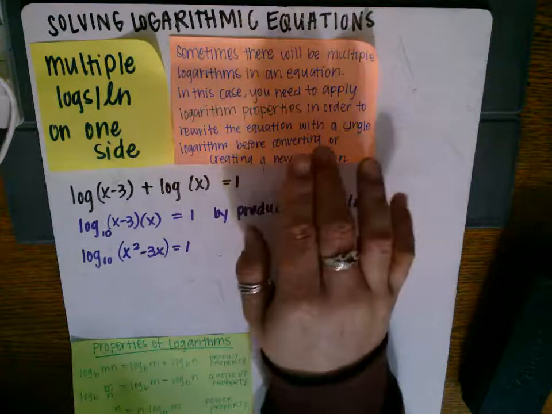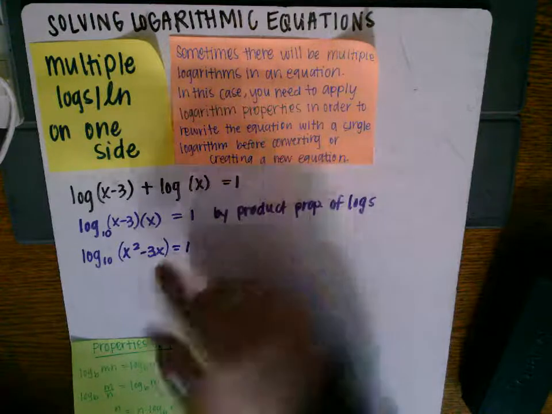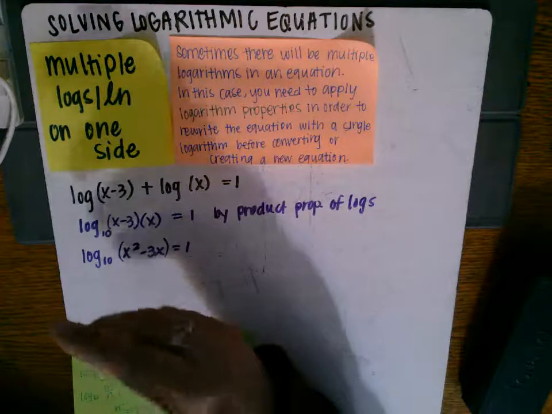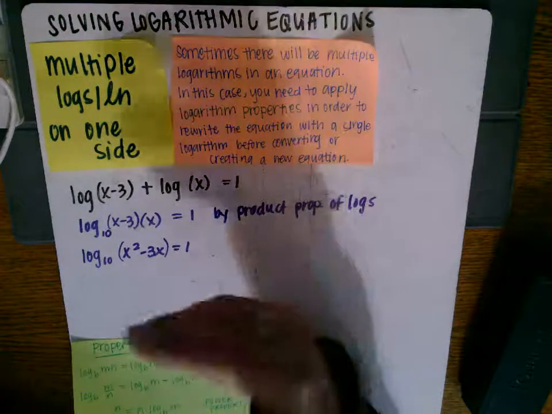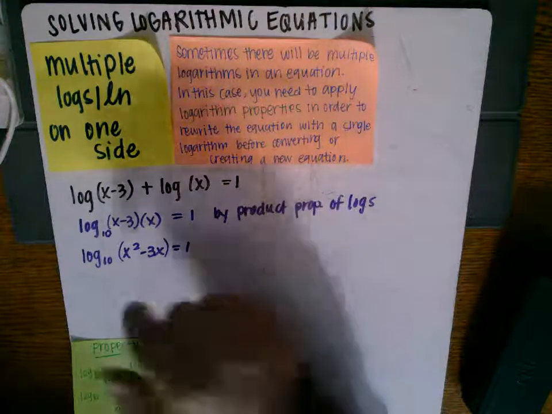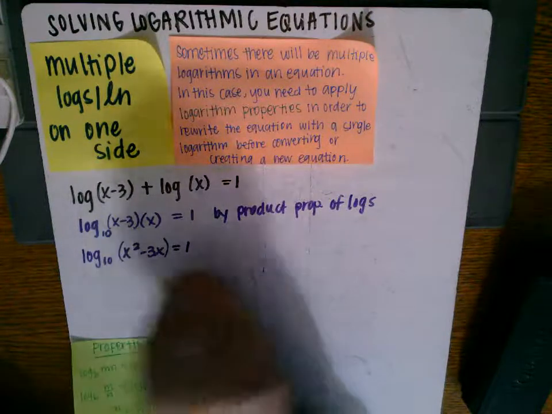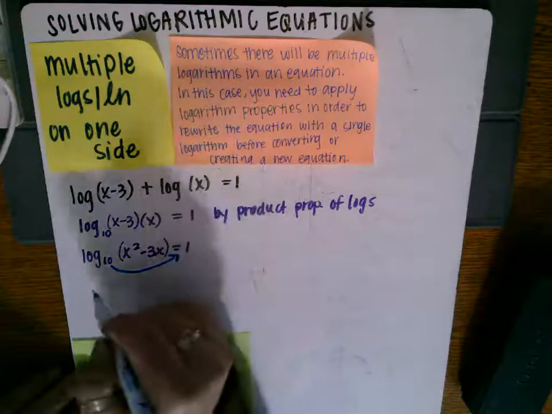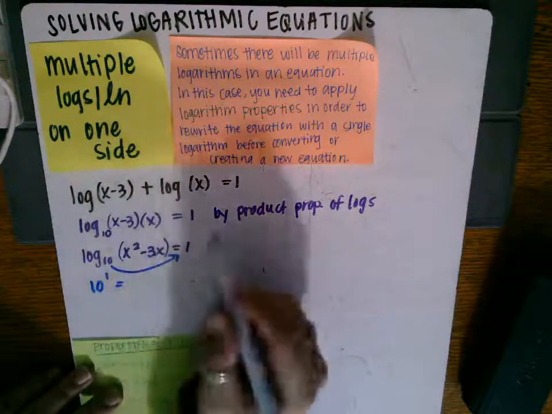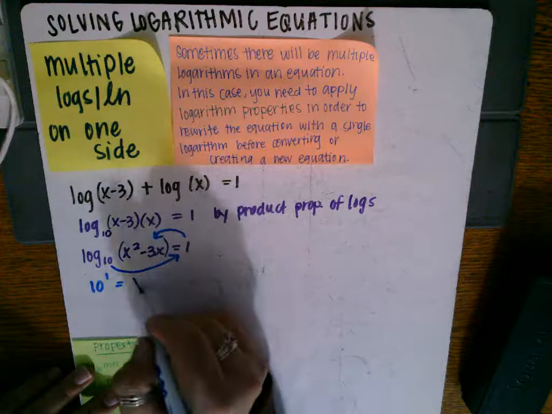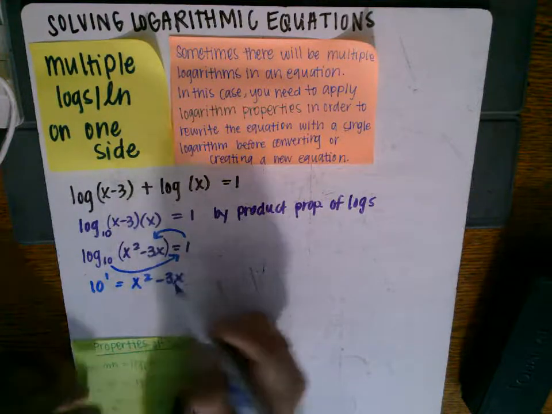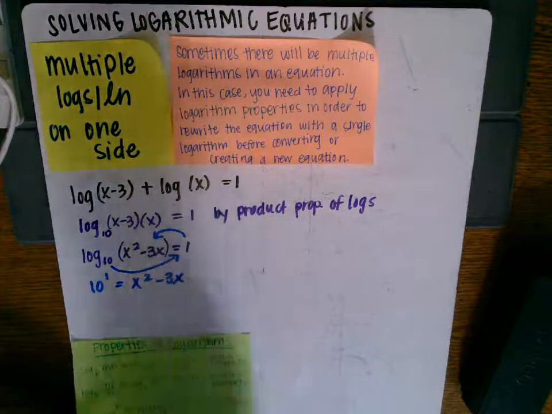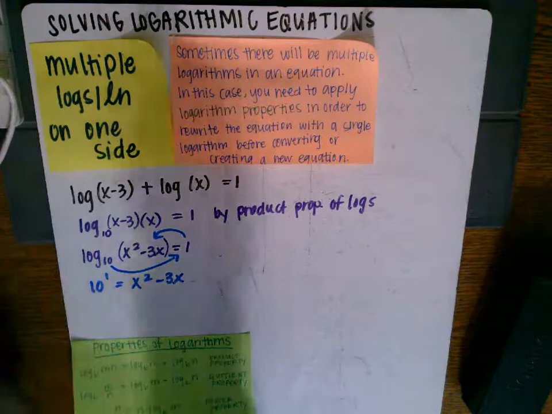Now, once you have the equation with a single log, I can either convert to exponential or create a new equation. In this instance, since I have a log equal to a value, I'm going to convert. So 10 to the first power should be equal to x squared minus 3x when I roll my log, or if I exponentiated both sides, 10 would become the base and we would get the same thing.